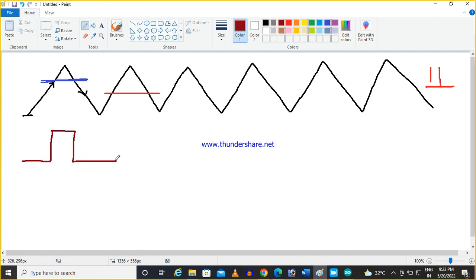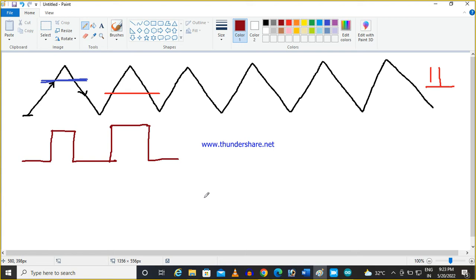Similarly here, while up counting, once it matches, the pulse goes high and stays in the same state, and once the compare matches while down counting, it clears.